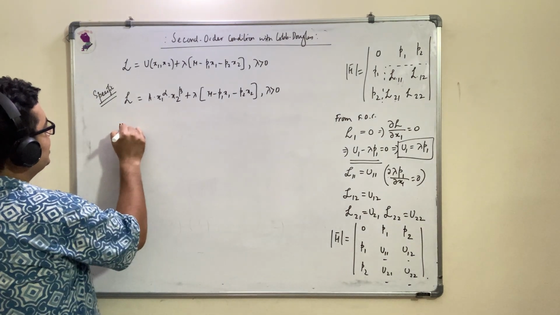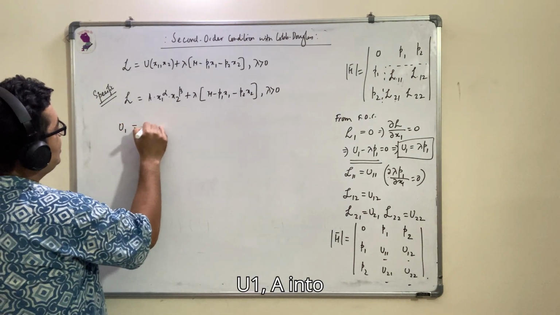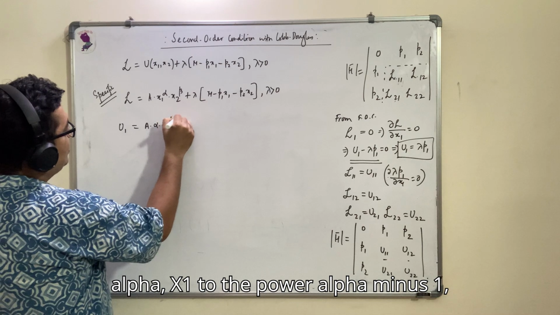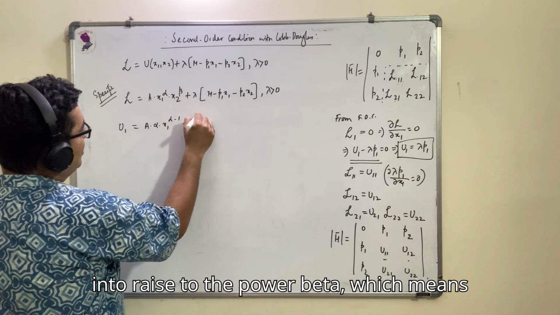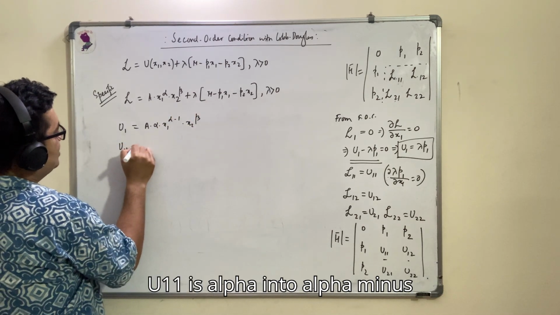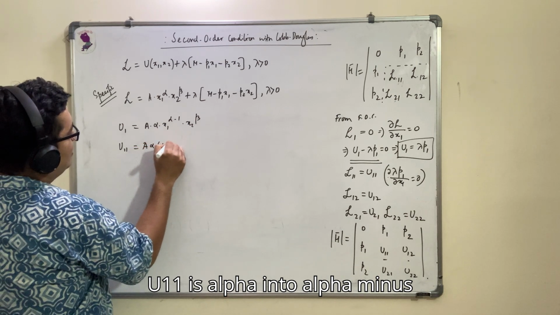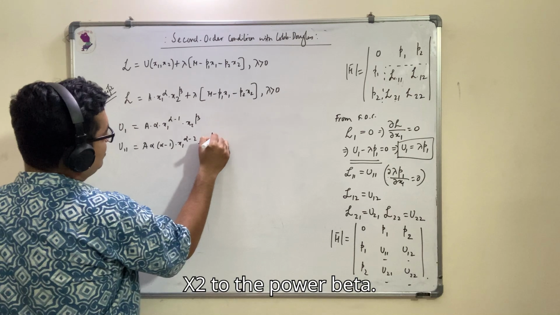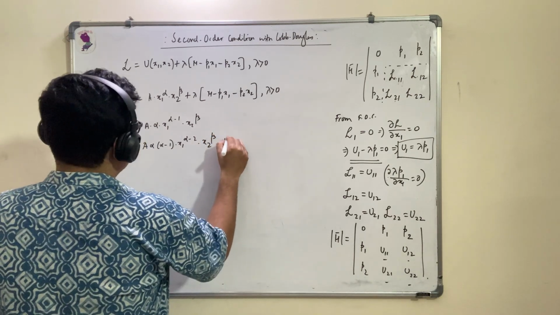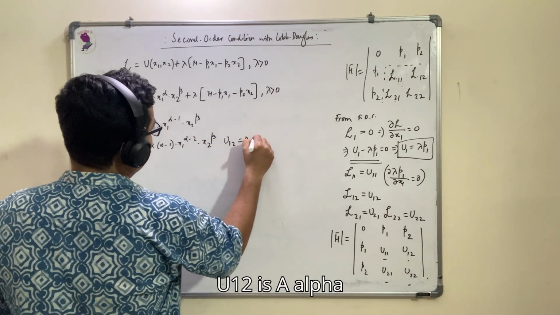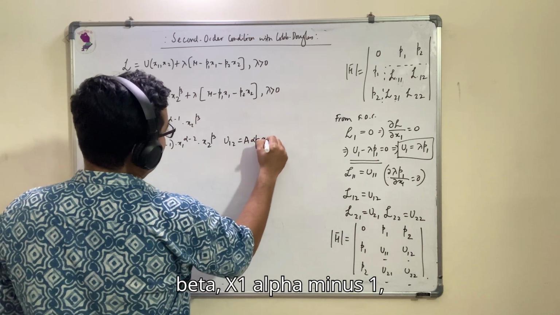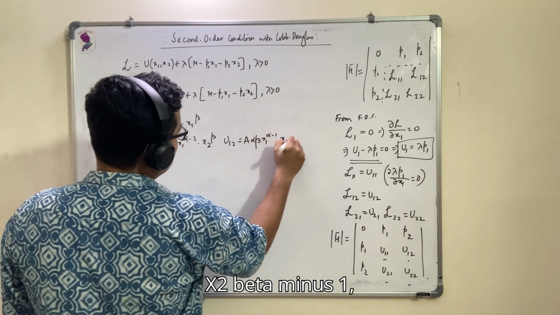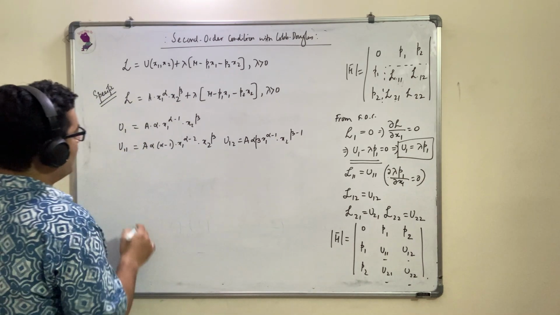Taking from here, u1 is A alpha x1 to the power alpha minus 1 x2 to the power beta, which means u11 is A alpha into alpha minus 1, x1 to the power alpha minus 2, x2 to the power beta. u12 is A alpha beta x1 to the power alpha minus 1, x2 to the power beta minus 1.